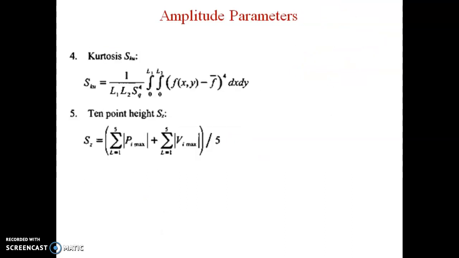We can have kurtosis, Sku, defined by this equation, both in x and y directions, and the ten-point height is given by Sz by this equation. So these are the various amplitude parameters used in 3D surface texture analysis.